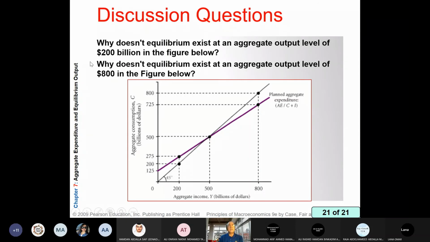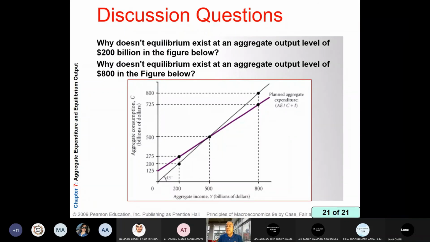Ali Umran, the second part, why? Why doesn't equilibrium exist at an aggregate output level of 800 in the figure below? Okay, so at 800, planned aggregate expenditure is less than the aggregate output of 800. We produce 800, but we sell less than 800. The vertical distance refers to an unplanned increase in inventory.